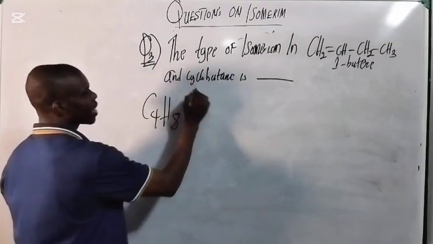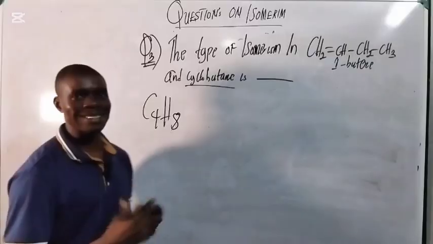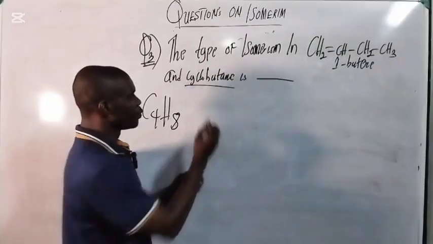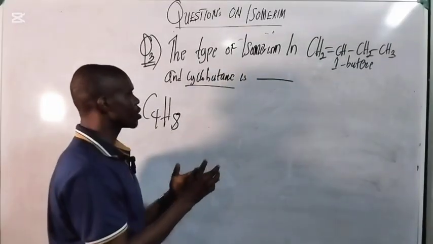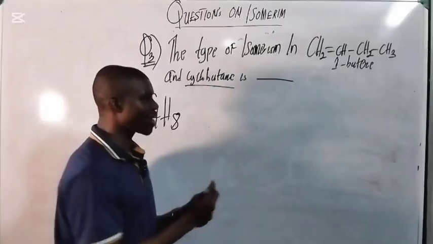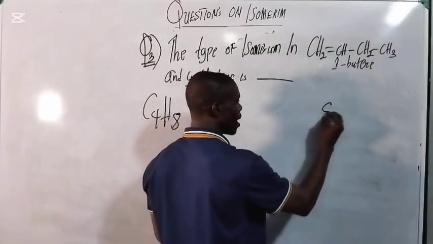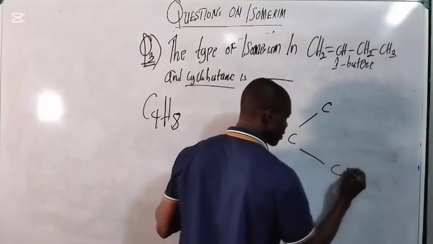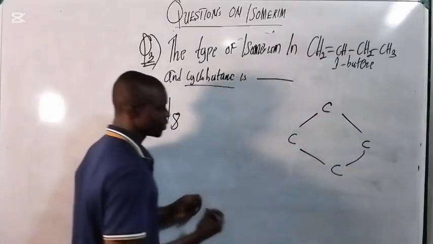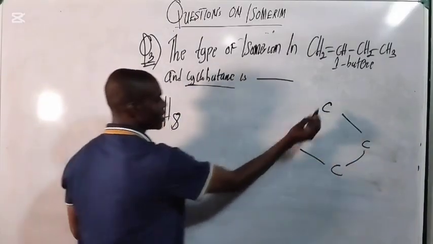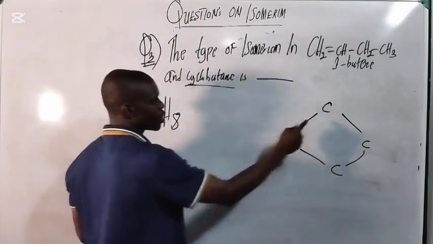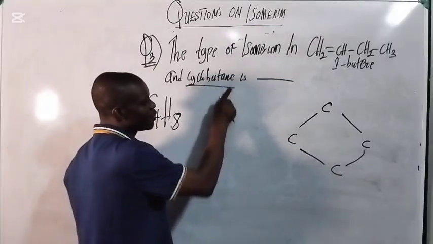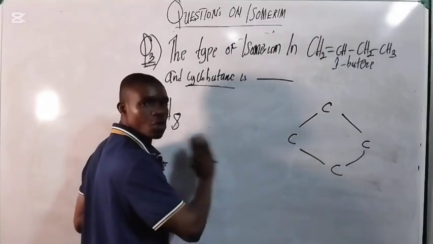Now what about cyclobutane? Cyclo means in a ring. If you look at it, in a ring, 1, 2, 3, 4 carbon atoms. It's called cyclobutane. Cyclo means in a ring, but means 4 carbon atoms, and ane means there's no double bond.